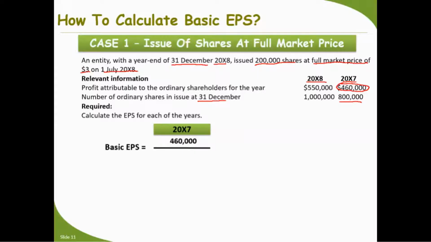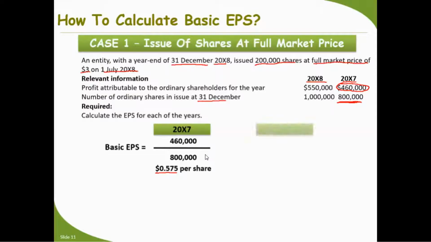Then your denominator is the number of ordinary shares at the end of that accounting period, which is 800,000, and your EPS is 57.5 cents per share. Keep in mind, I have calculated EPS in dollars, but in most cases in your exams it will be in cents. If it is in dollars, then $0.575 per share.